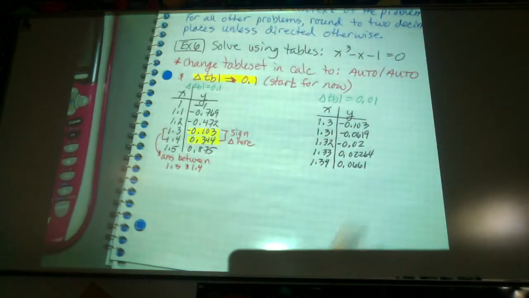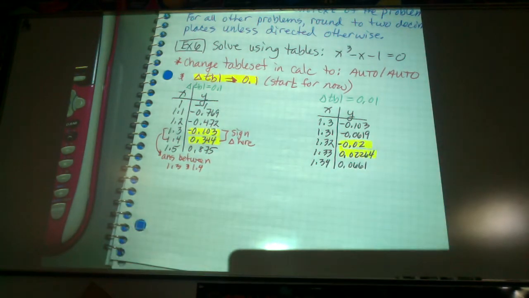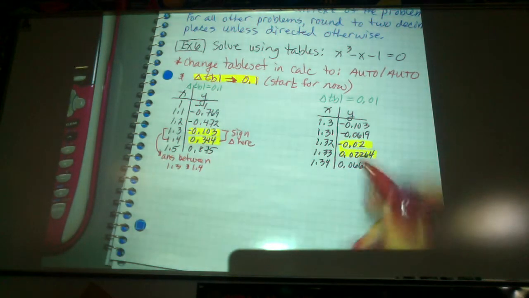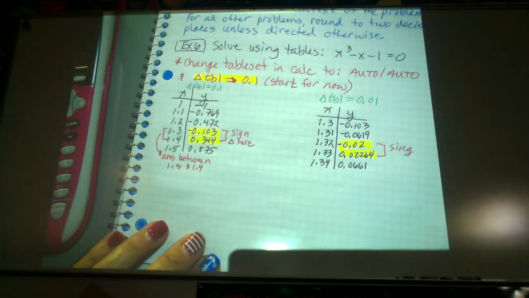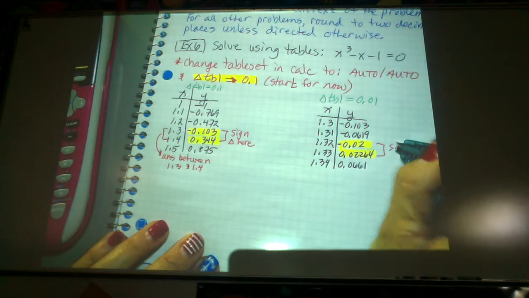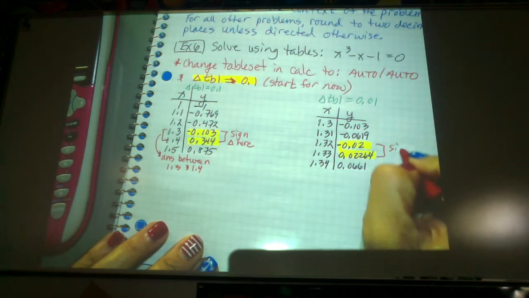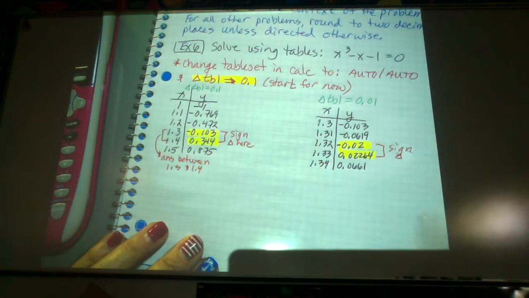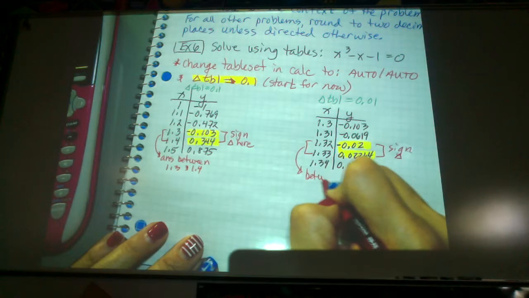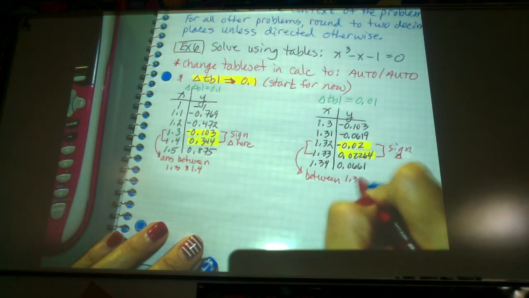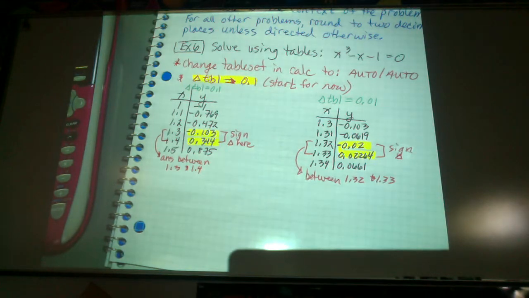Straight off my table. Again, I'm looking for that sign change. Here it occurred. So this is your sign change. How about sign change? And so that means that my answer is between 1.32 and 1.33. When they're not the same, we have to keep going.